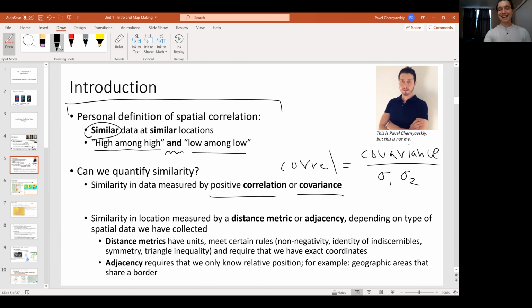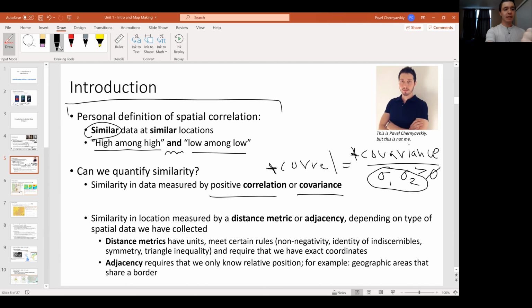So basically the sign of the correlation is the same as the sign of the covariance, right? If this is a negative number, this is a negative number. If this is a positive number, this is a positive number. And so really when we're talking about the correlation, it is really a scaled covariance because the product of two standard deviations must be greater than 0. And so you can see that the correlation is simply a scaled covariance. The signs will remain the same.